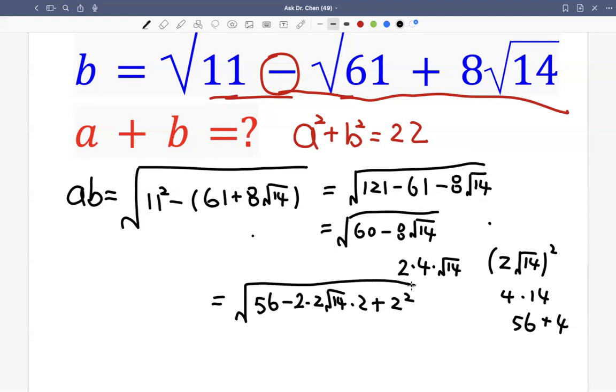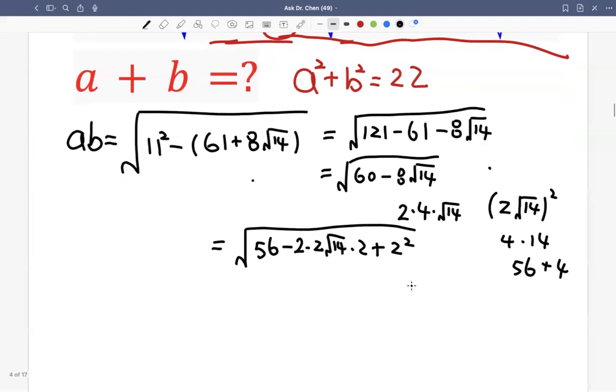So this way gives us a perfect square. Actually, what we could do is just factor out 4. Might be easier.